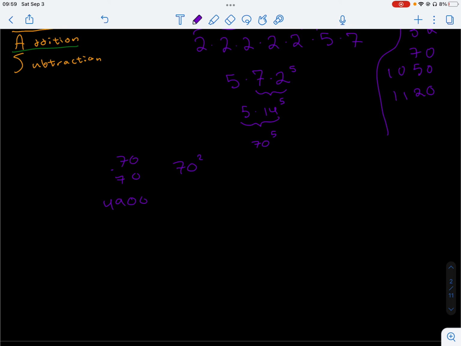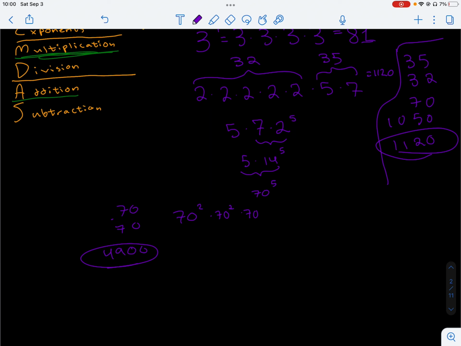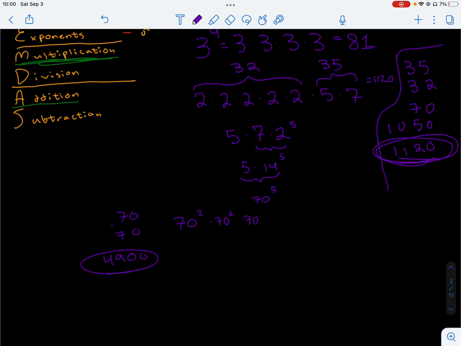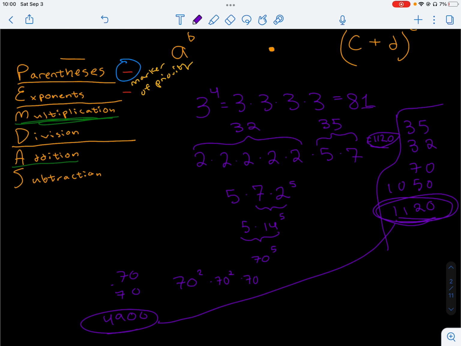So this is 70 squared, and we see that 4,900 is already bigger than what we had there. Imagine if I were to then multiply it by 70 squared again, and then times 70 one more time. That would be a gigantic number, way, way bigger than what we initially had, which was 1,120. And hopefully I did that math right. However, either way, the numbers are clearly very distinct.